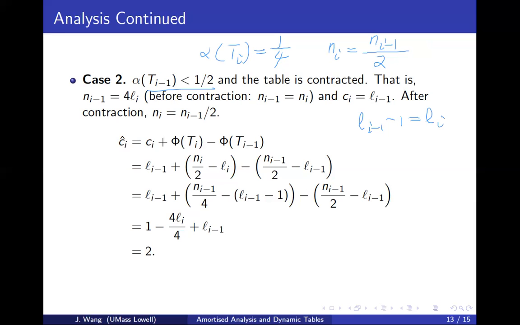So we are using the second part of the energy function, and we plug those relations in. We get down to this. So 4 and 4 cancel, and negative L sub i is negative L sub i minus 1 plus 1, so we got 2. So this is a constant time.